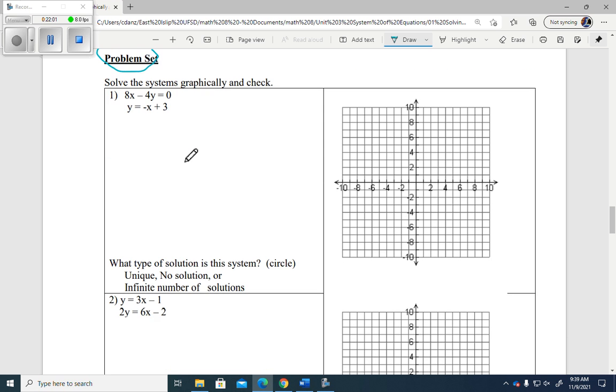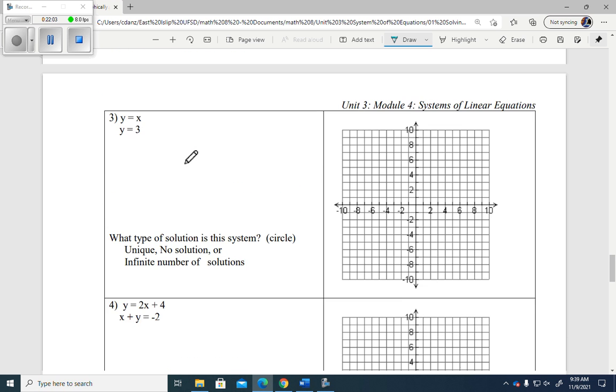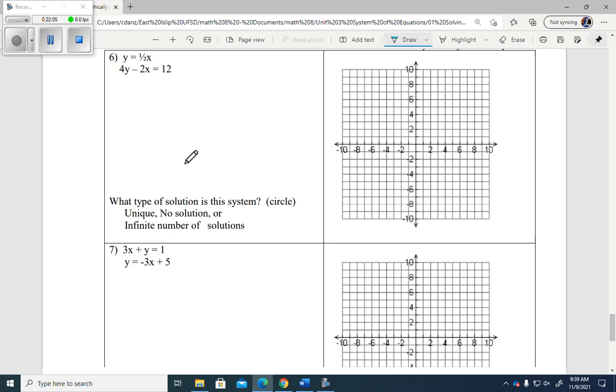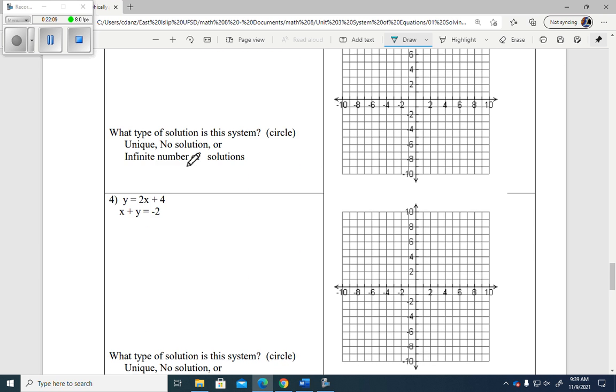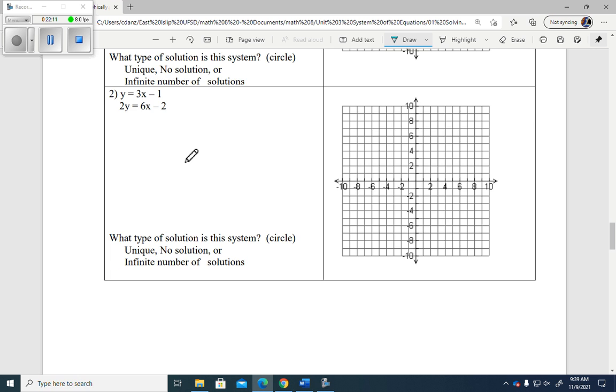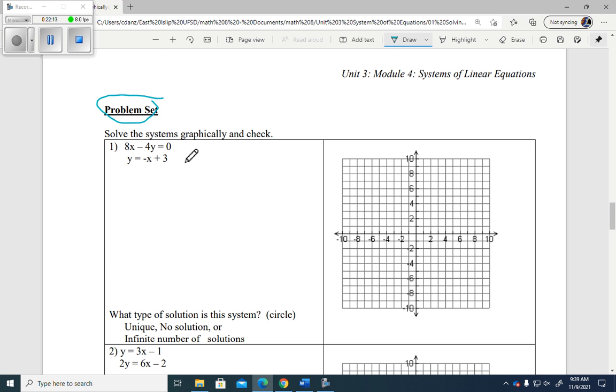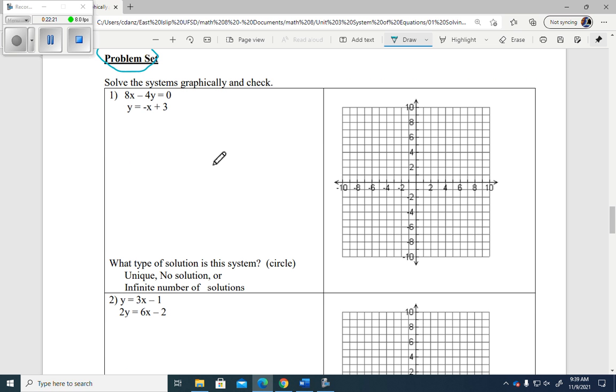So for homework, you can see that you don't have many questions. Total of 7 questions. They're all about graphing, and you're stating the solution. Remember, the solution is the point of intersection. So find the point of intersection.